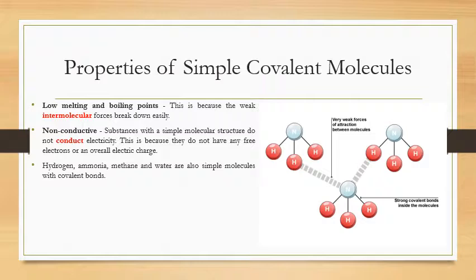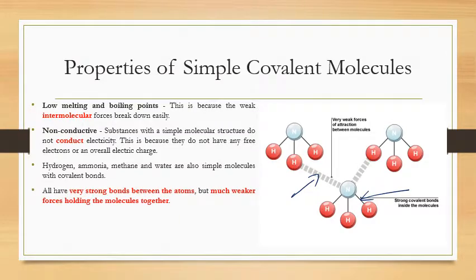The intermolecular forces are these ones here, the forces between the molecules, and then we have the intramolecular forces, which are the covalent bonds, which are very, very strong. So the intermolecular forces are rather weak, whereas the intramolecular covalent bonds are relatively strong.